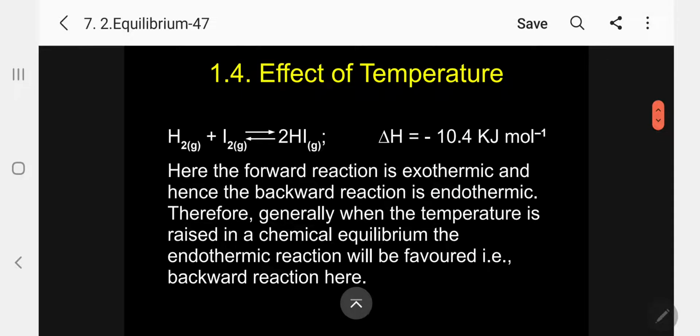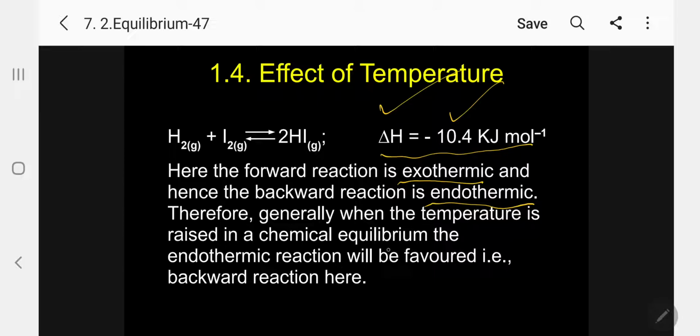Now, the effect of temperature. This is a very important effect. For that we must know the delta H value. The reaction is exothermic, the delta H is negative; the numerical value is not necessary to memorize. So the forward reaction is exothermic and the backward reaction is endothermic.